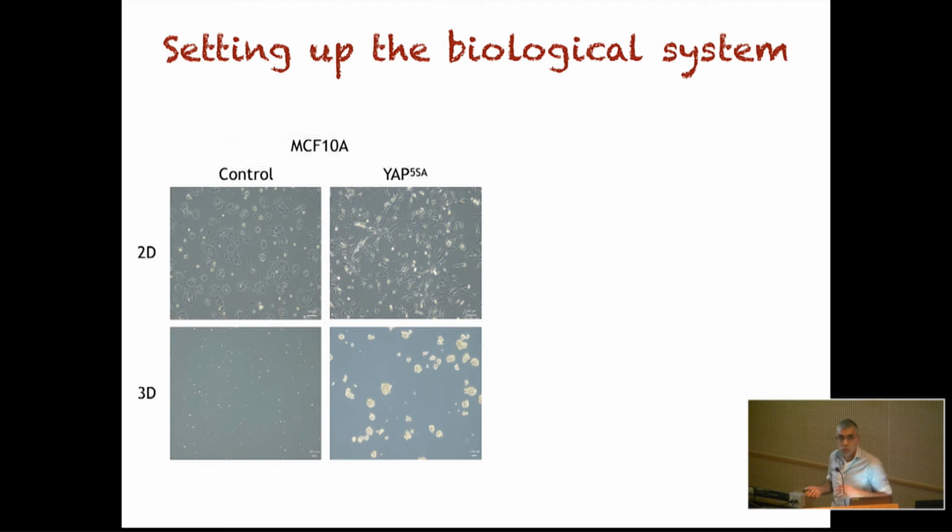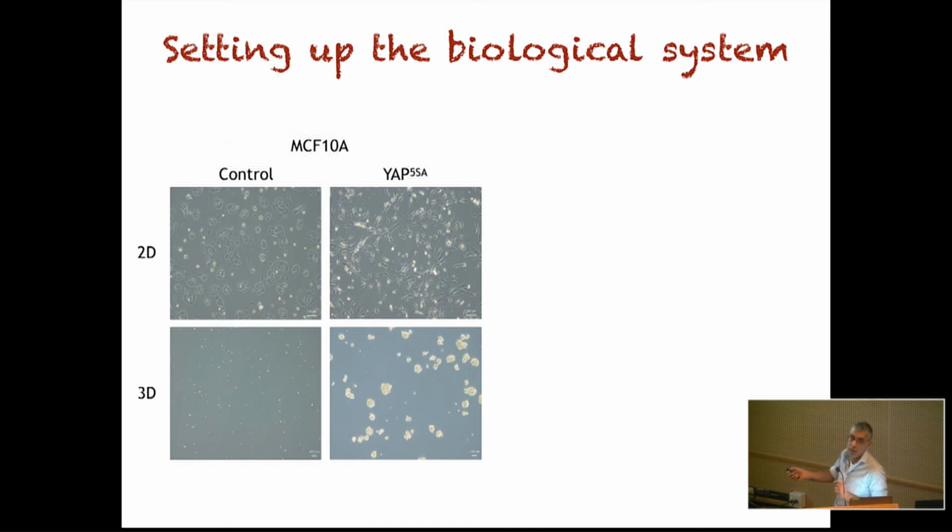In contrast to doing it in cancer cell lines where you have these deletions and you can affect the CRISPR effectiveness. So here you can see that control cells, when they grow, they look epithelial, and they don't form any mammospheres, we call them, or these organoids, small organoids in 3D.